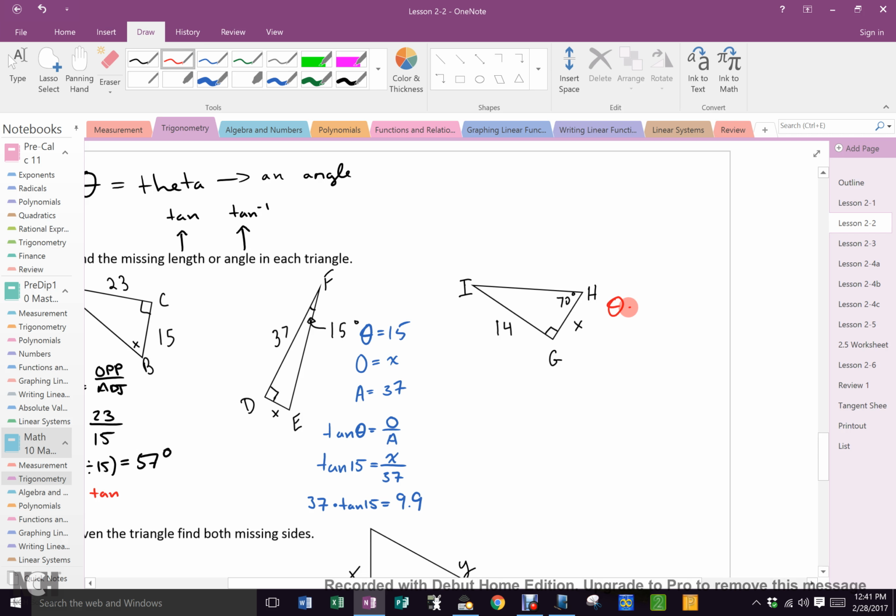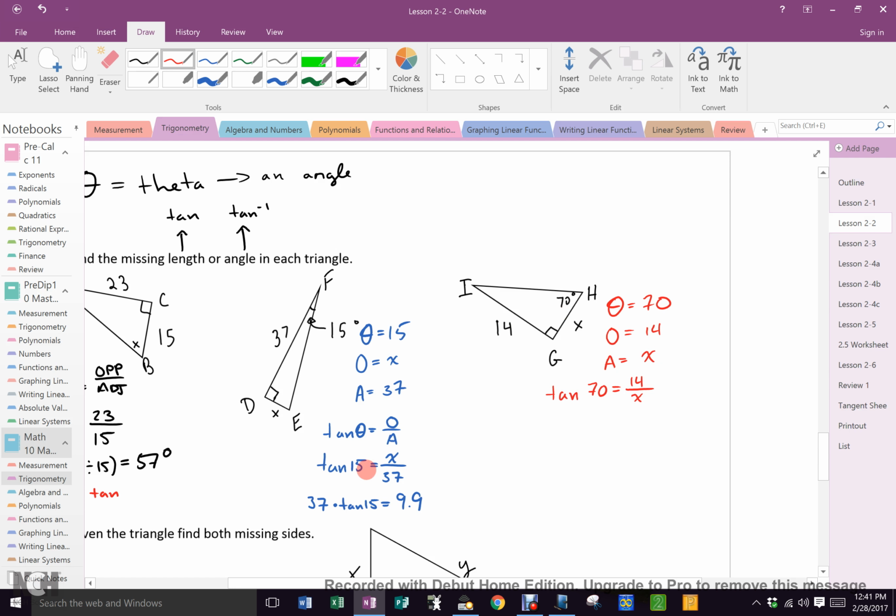Do I have a theta? What is it? What is 14? Opposite equals 14, and my adjacent equals x. Set it up. Tan theta, which is what? Tan 70 equals O over A, 14 over x. You guys are smart kids.